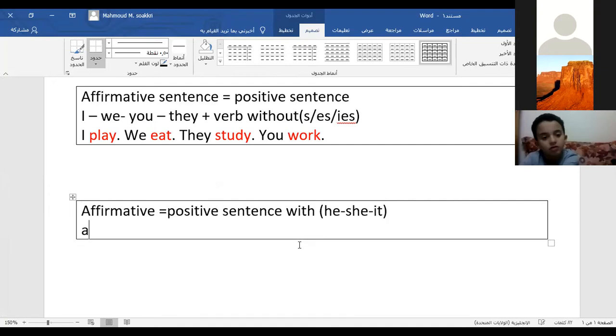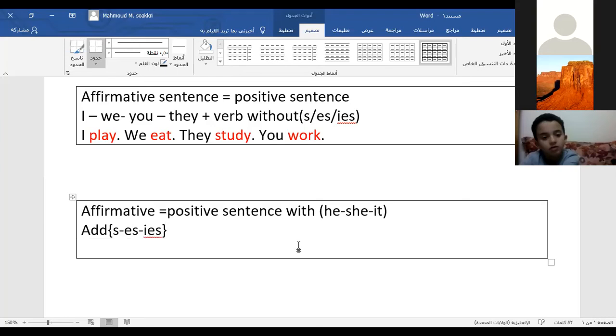Here, add s or es or ies to the end of the verb. Let's take examples. He works, we put s to the verb work.